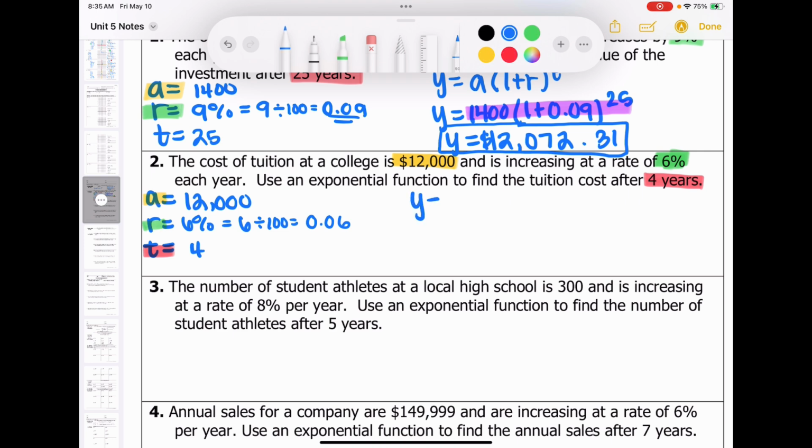So now we can plug this into our formula. So our a value is 12,000. Our r value is 0.06. And our t value is 4.